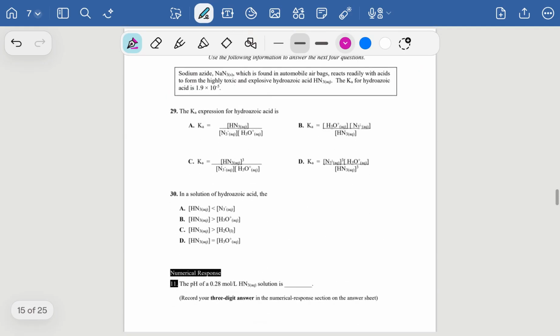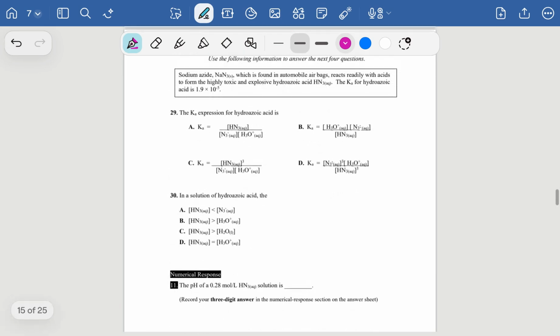Okay, moving on to this next one, we have some information about an acid, and we are given the Ka value. Now that matters. This Ka value, again, if you put this on the table, you will see that it is a weak acid. And weak acids, when you react it with water, and this would be liquid water, it is in equilibrium, and the hydrogen is going to go over to the water to produce hydronium, and then you will end up with your negative ion, so N3 negative.